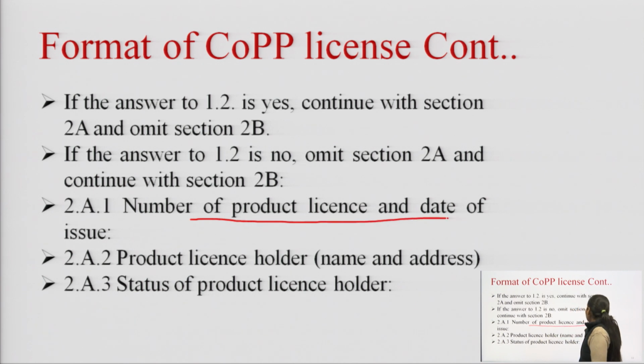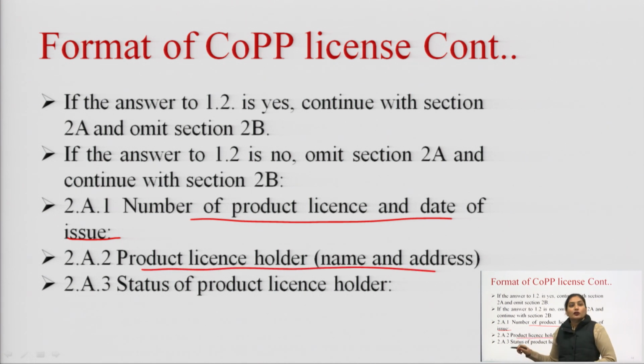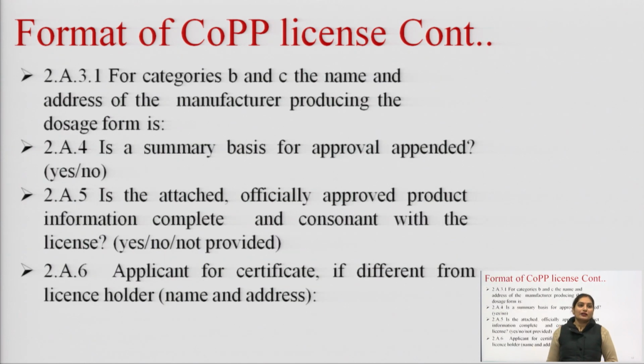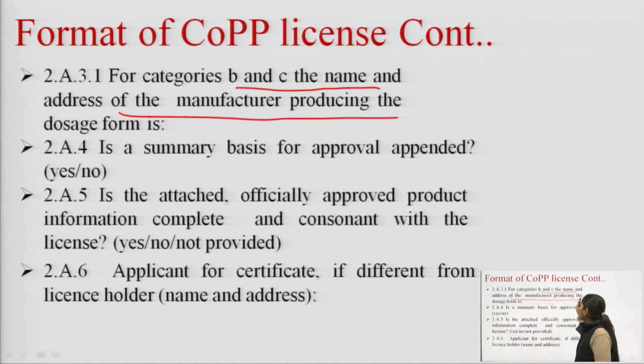Number of product license and date of issue. Next is 2A, product license holder name and address. 2A3 is status of product license holder. What is the status of product license holder? 2A3.1 is for categories B and C, the name and address of the manufacturer producing the dosage form.